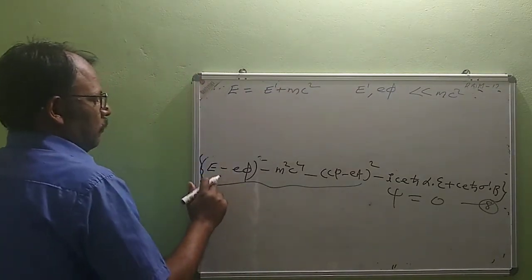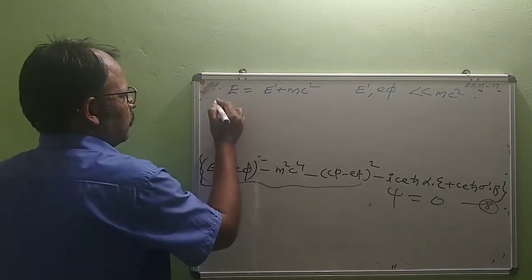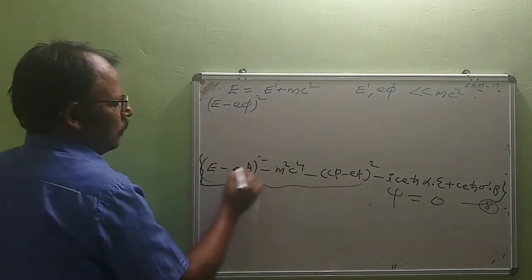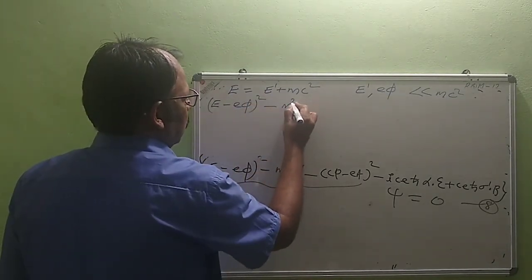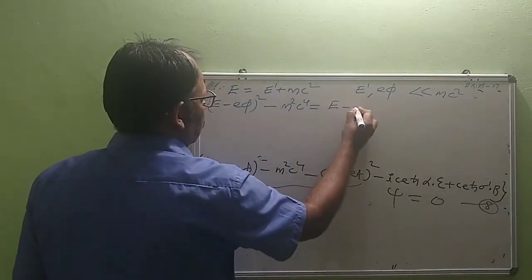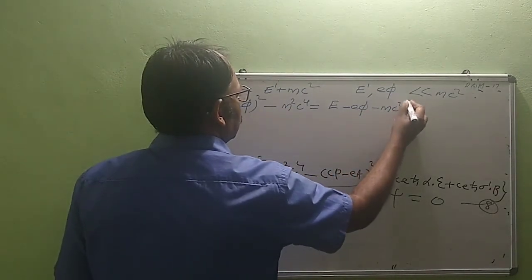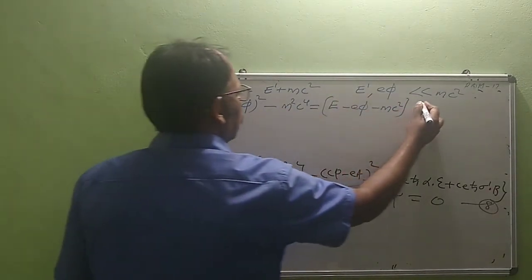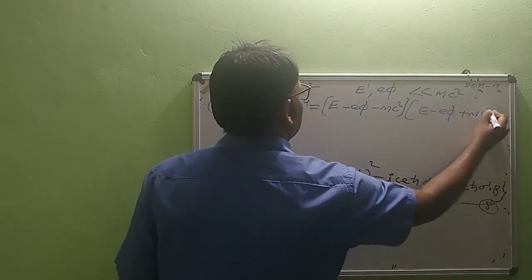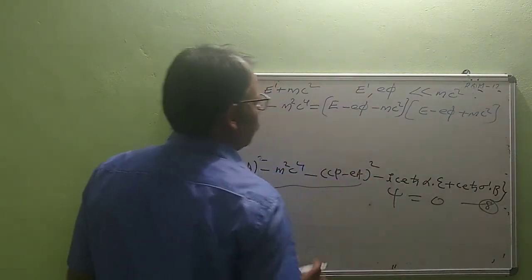So substituting that value in this equation, I am taking the first two terms, E minus E phi the whole square minus m square c raised to 4. This I can write as E minus E phi minus mc square into E minus E phi plus mc square, the a square minus b square, a minus b into a plus b form.